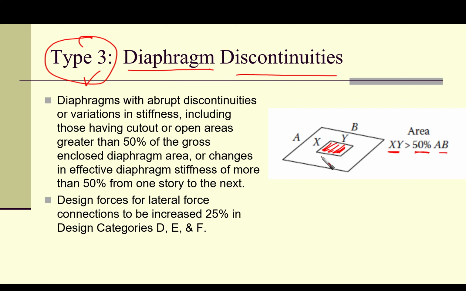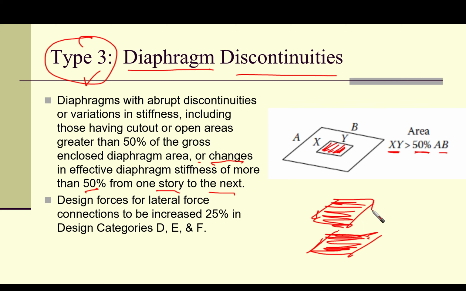Or if we have a change in effective diaphragm stiffness of more than 50% from one story to the next. So if we have different stories, and this diaphragm stiffness is larger than the diaphragm stiffness here, for example, if the thickness is different, or if we have cutouts or openings in one diaphragm on one floor larger than the other, then this type of discontinuity applies.